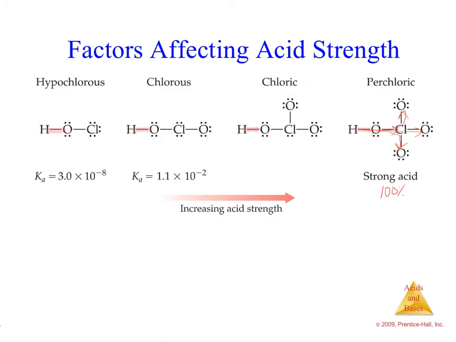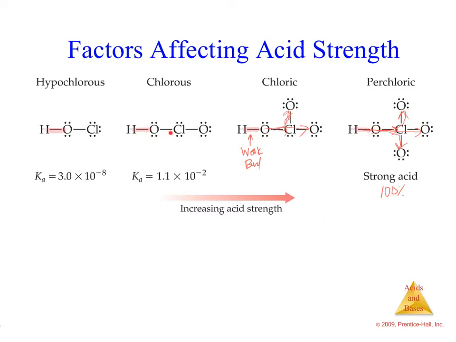So for chloric acid, I have not only the chlorine, but also 2 other oxygens pulling electron density away, making that a weaker bond, making that acid not quite as strong as perchloric because there are only 3 oxygens versus 4.